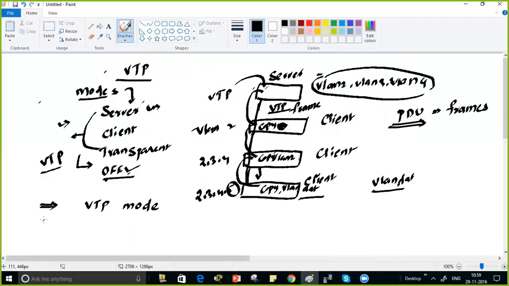And after that, you have to configure the VTP domain name.